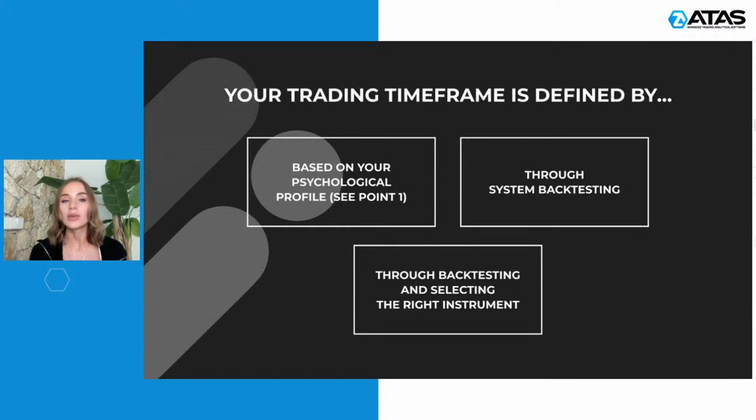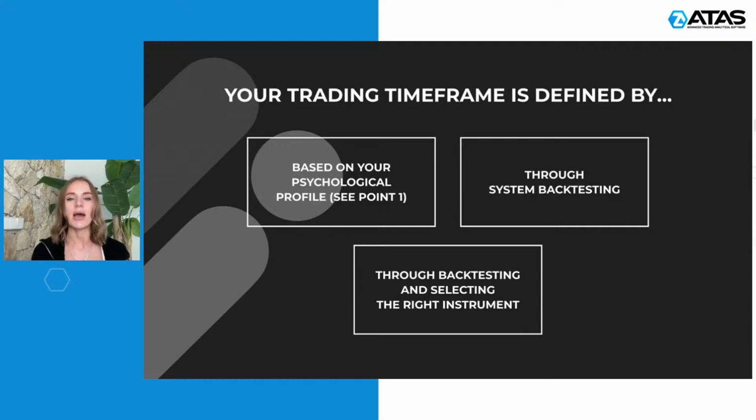It can be 1 minute or 5 minute time frame and footprint. As an intraday trader, it can be a 5, 15, or 30-minute time frame. For the swing trader, it can be 1 hour, 4 hours, or even daily, and so on. So determining your psychological profile will help you to find the appropriate optimal time frame.